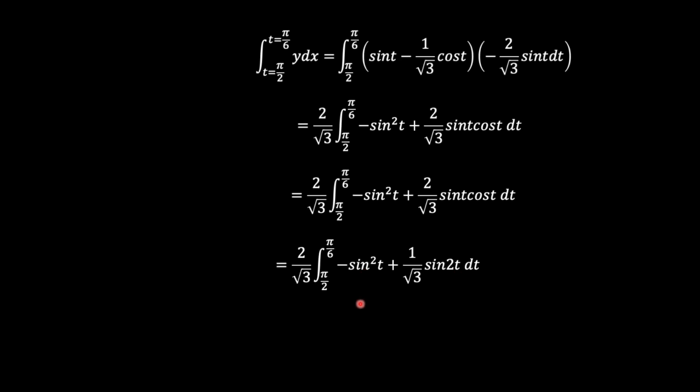Since cosine 2t is equal to 1 minus 2 sine squared t, therefore negative sine squared t is the same as cosine 2t minus 1 over 2. So we can plug that in there as shown here, cosine 2t minus 1 over 2. And using this 2 here, the 2 would cancel with the 2 here, and this 2 would go here.